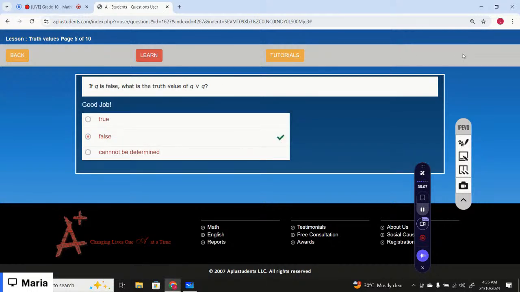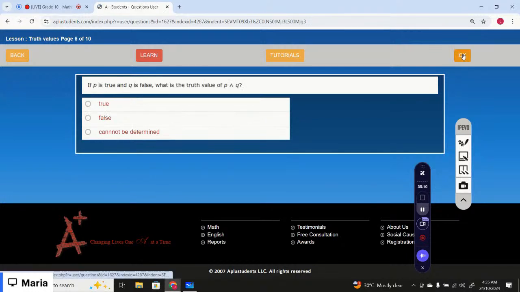The correct option is false. If P is true and Q is false, what is the truth value of P and Q? False it is. P is true and Q is false, so P and Q is false.